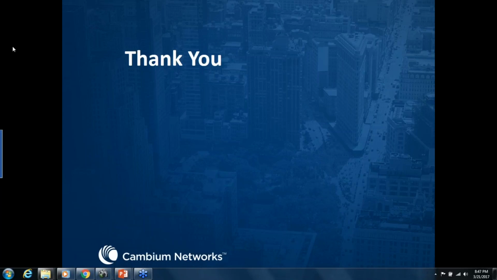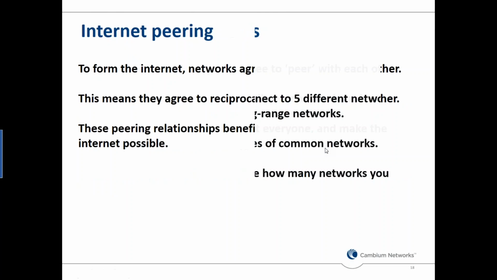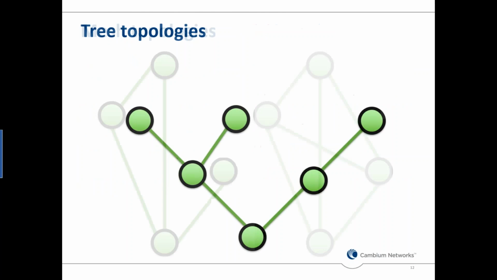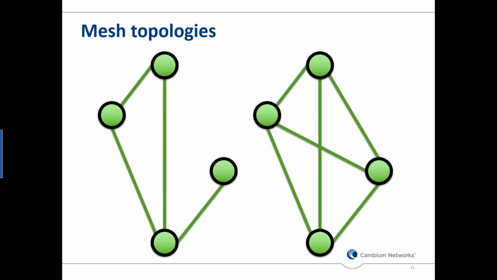We did have one other clarification question, Alex, and that is, how does a star network differ from a mesh network? Let me just go back to those slides. Yeah, the mesh one should do. If you think about a star or a hub and spoke topology, those two are the same thing.